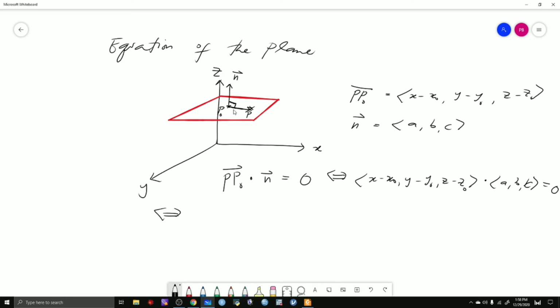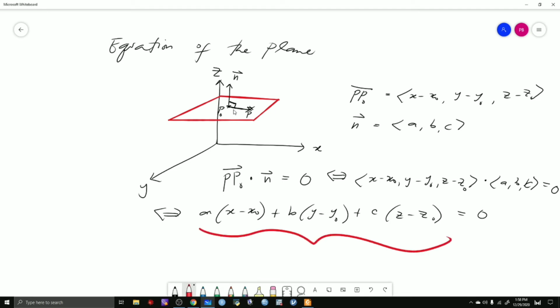So we will have a multiplied by (x minus x0) plus b multiplied by (y minus y0), and lastly we have c multiplied by (z minus z0), and then we equate it to 0. So this equation is the equation of the plane.